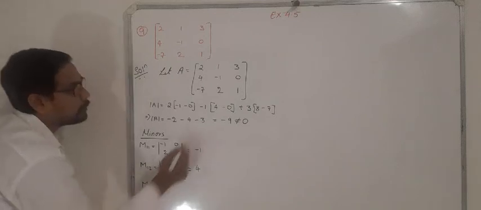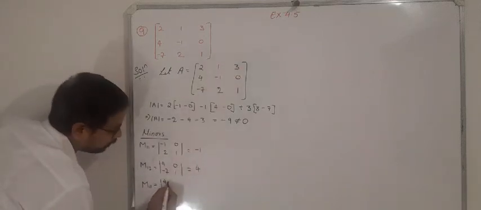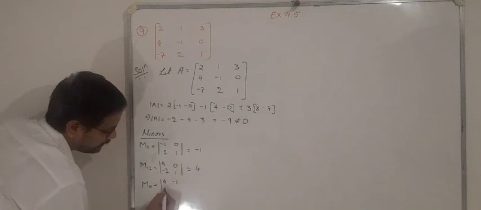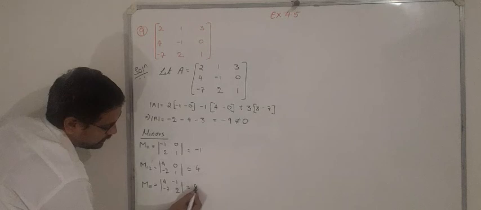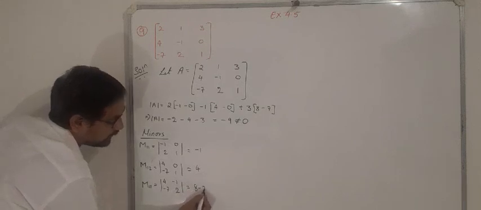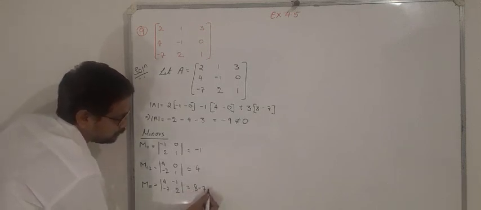So we have calculated M11 and M12, now we have to calculate M13. M13 is the minor of A13, that is 4, minus 1, minus 7, 2, so it is 8 minus 7, which is equal to 1.